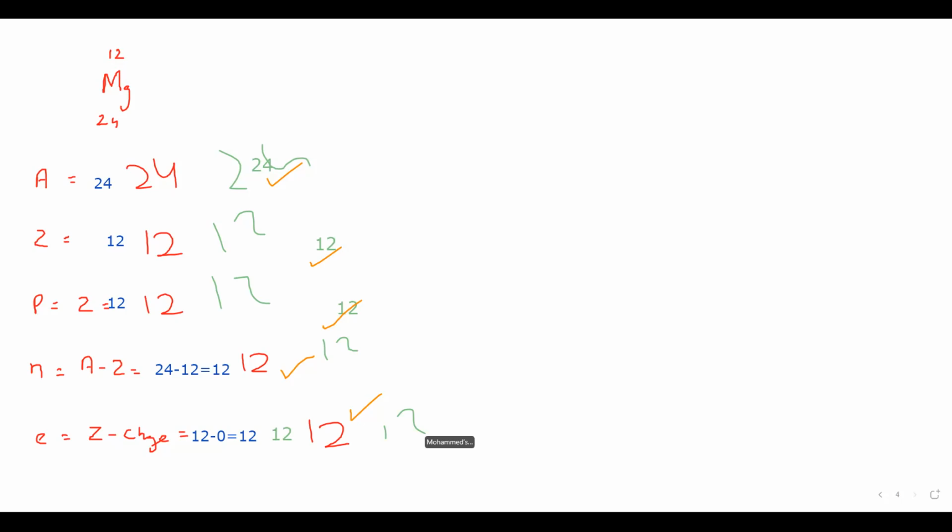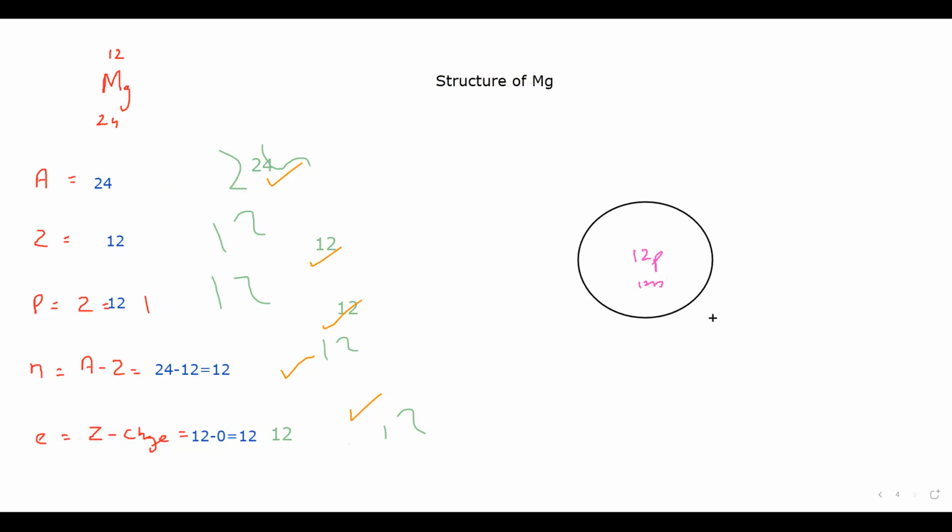Now, when we draw the structure of magnesium, we have 12 protons and 12 neutrons. Then I am drawing the first shell. I have to arrange 12 electrons.